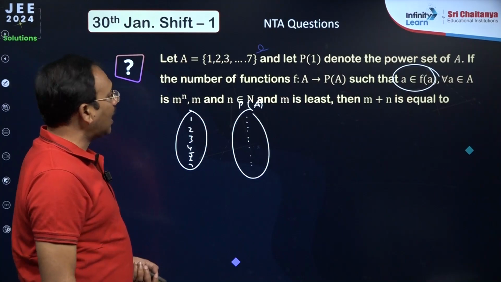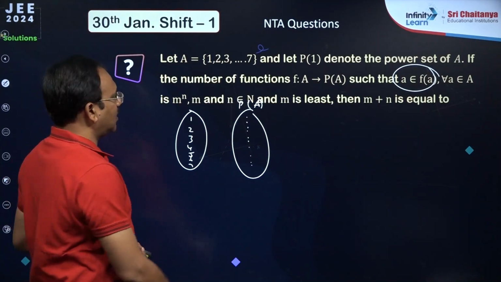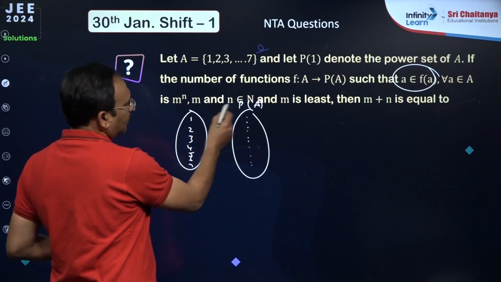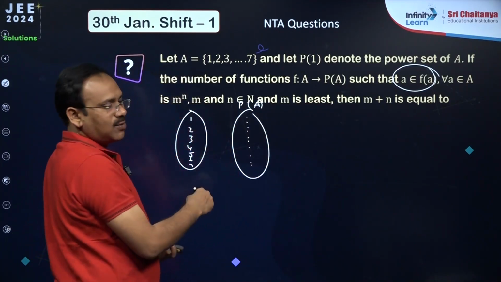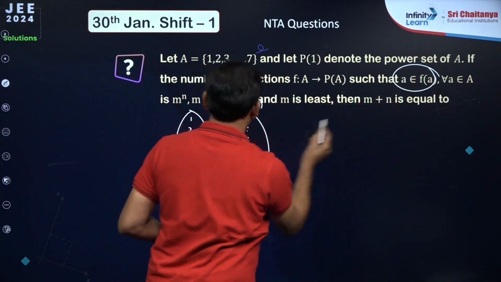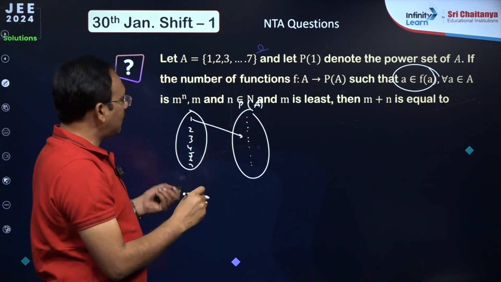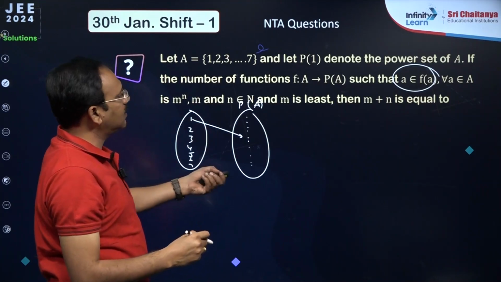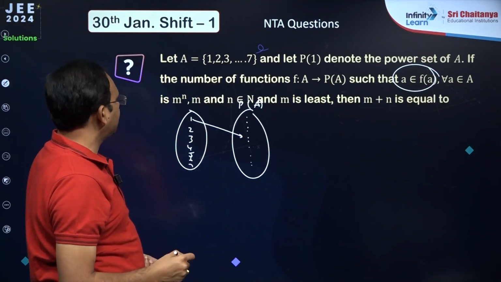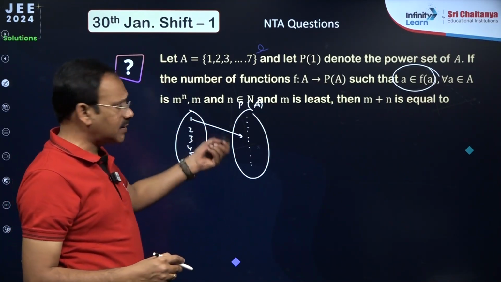Now how many functions will be there such that, a function means every element must be used, and a belongs to f of a. That means 1 must be there in f of 1, it belongs to some subset.